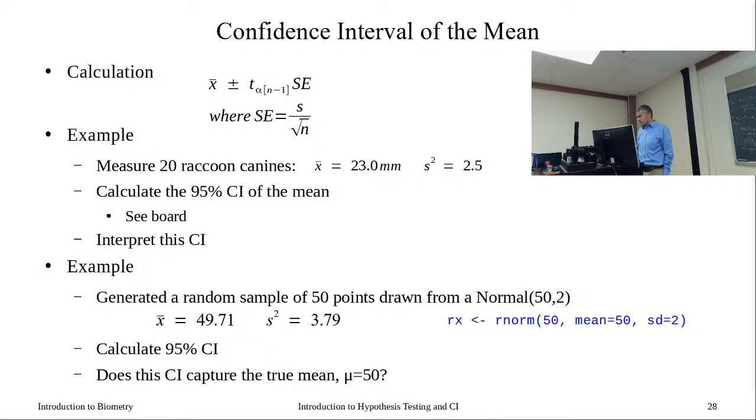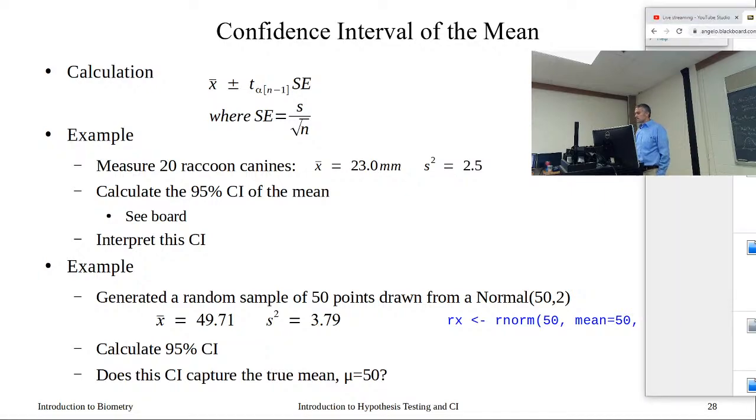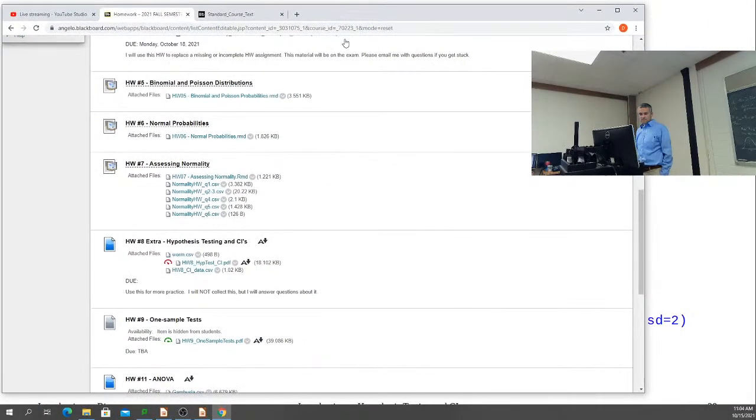So I did post some extra stuff. It would have to be updated because we're going to work through the confidence intervals, doing these confidence intervals in R. All right, and that's our test.